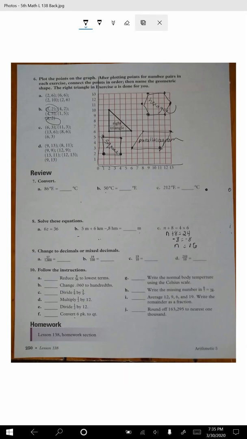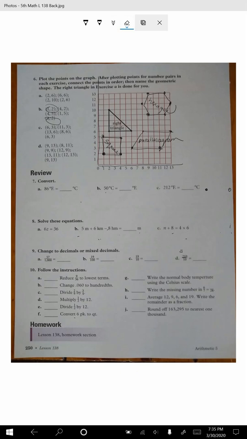Let's see if it works. So now I'm going to do 16 plus 8 equals 4 times 6. 24 equals 24. Okay? Remember that? I'm going to erase it. You can do that on your own.